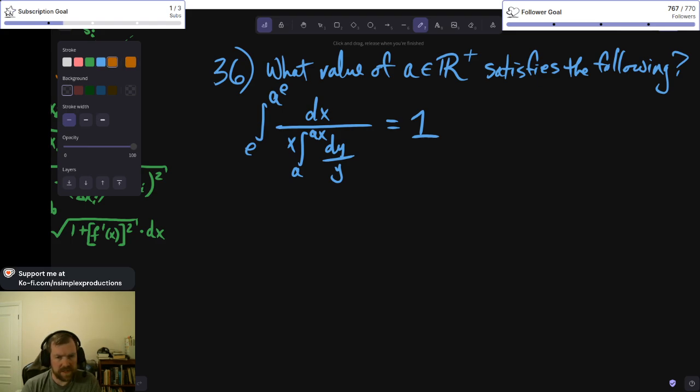So if we start from the inside, the rest of the stuff looks too weird at the moment to deal with, so we just move through and see what happens. dy over y is going to get us the natural log of y evaluated from a to ax.